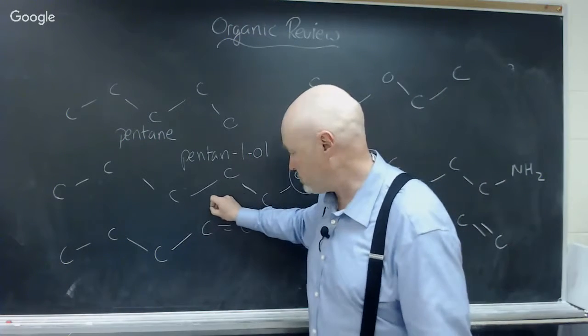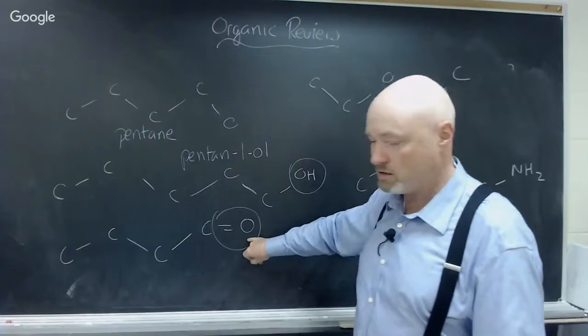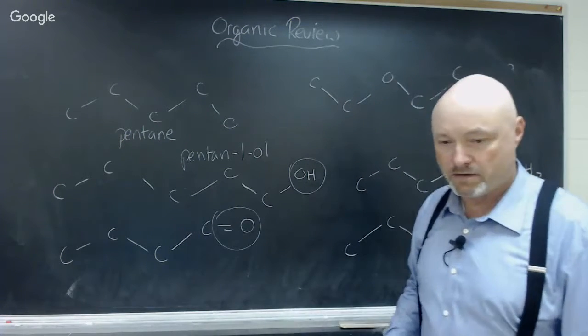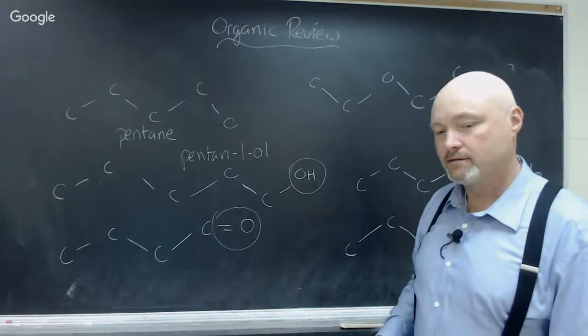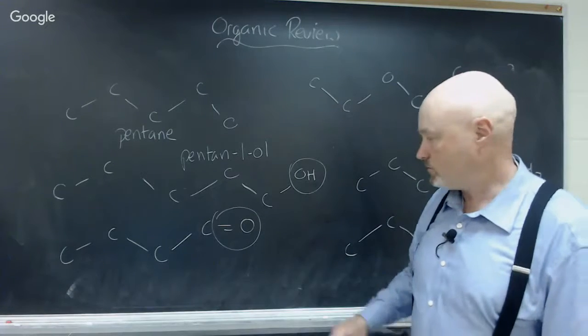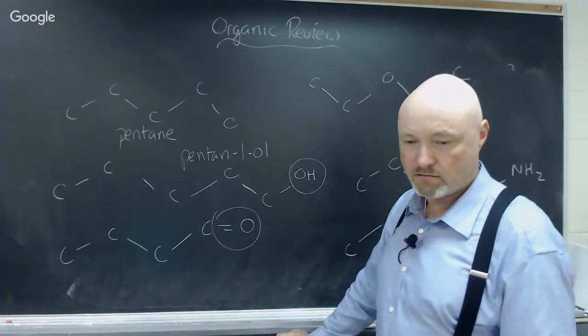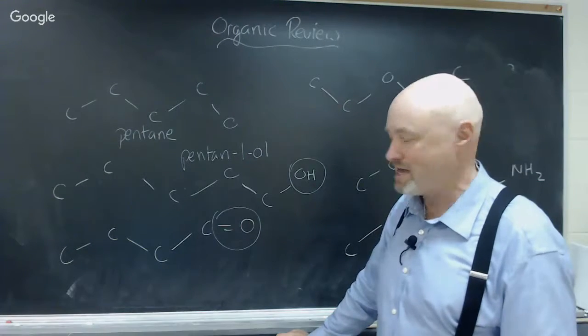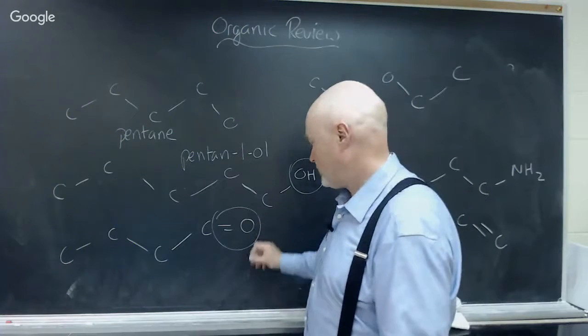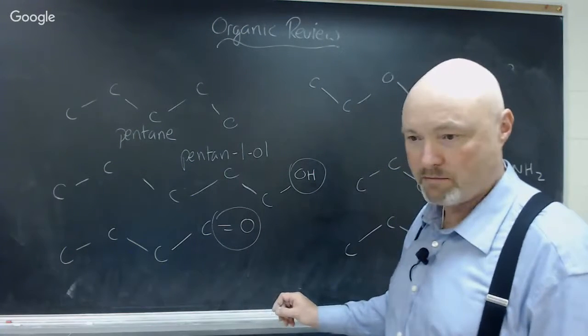So here's the functional group on this one. Do you know what functional group that is? Double oxygen bond. I can't remember that one. Yeah, that one's really hard. Were you able to take a stab at it?